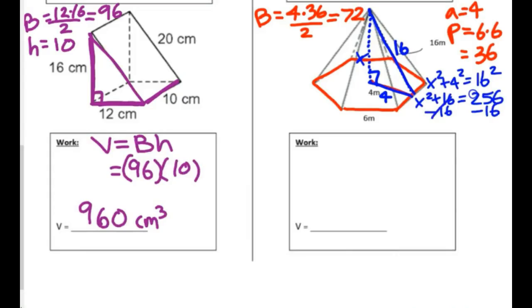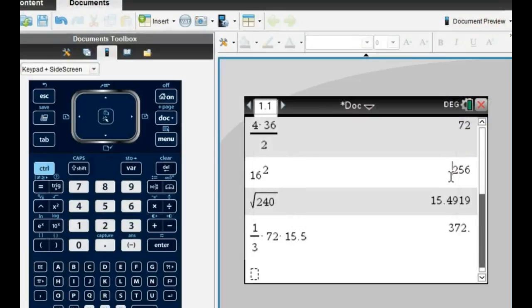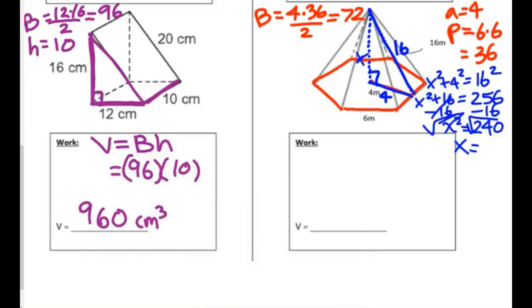We're missing a leg. That's 240. And then, last step, square root. What is the square root of 240? 15.5. Very good. So, calculator is your friend when you do those.